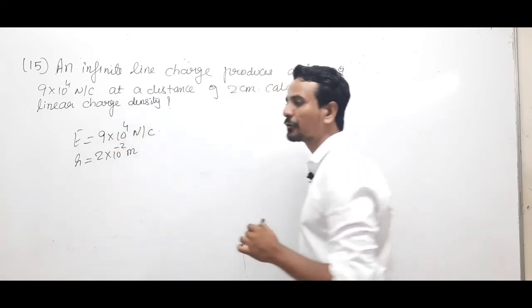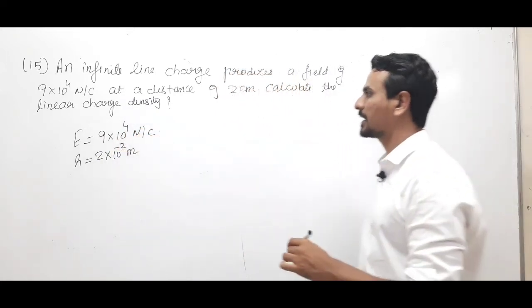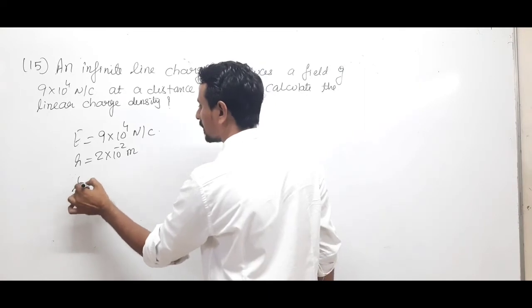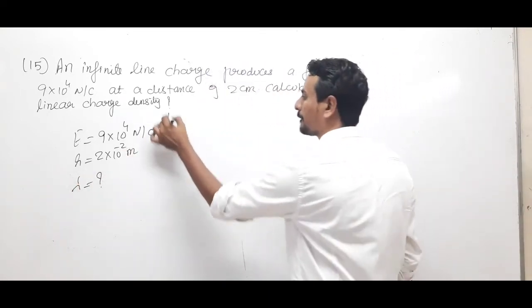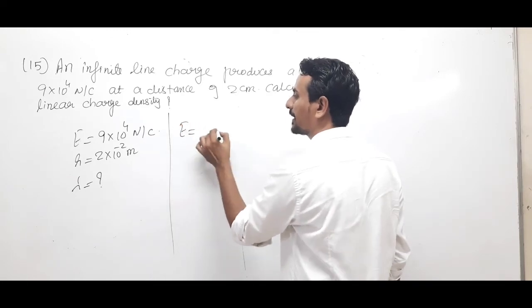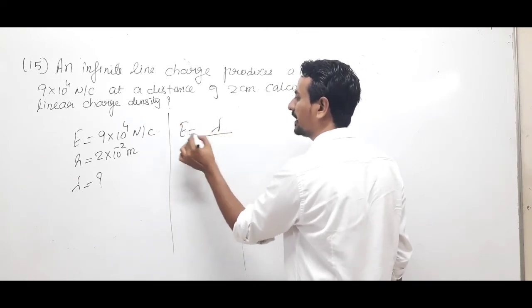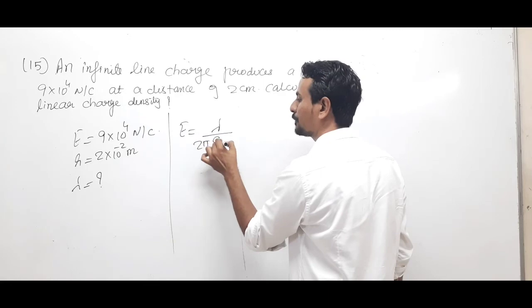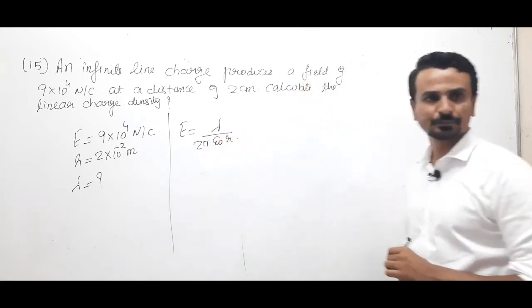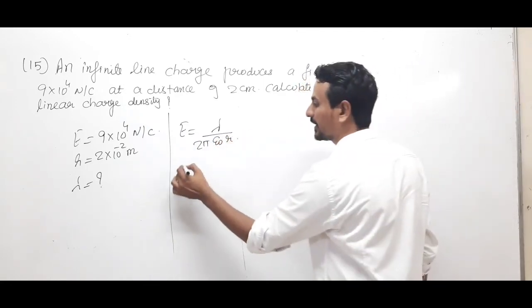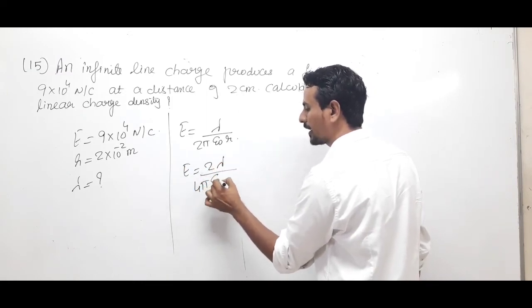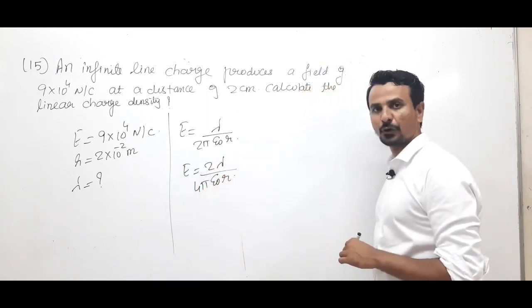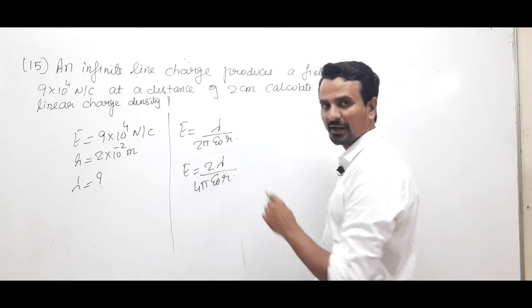You have been told to calculate the linear charge density, that is λ. For an infinitely long charged wire, we have the formula E = λ/(2πε0 r), or this can be written as 2λ/(4πε0 r). I have multiplied by 2 and divided by 2.